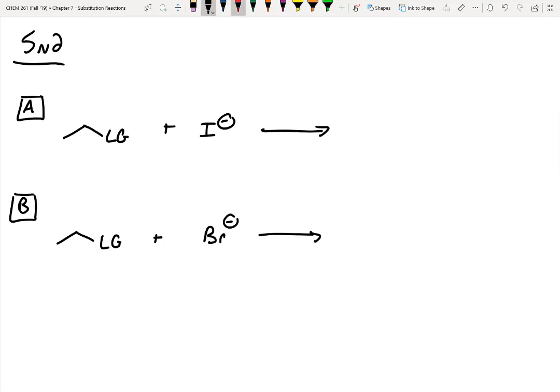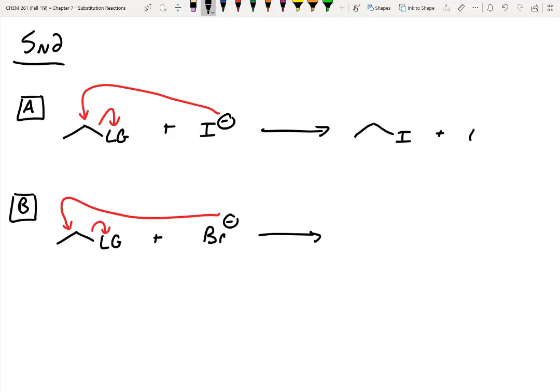And in both of these, just like we saw before, we're going to do that backside attack, kick off our leaving group, all in one step, and Lg minus. All right, so I think this is getting back to Kristen's point, where it's like, what if the nucleophile does matter, though? So in this case, the nucleophile attacking is involved in the rate limiting step. Which nucleophile do you think is going to be more aggressive with its attack?